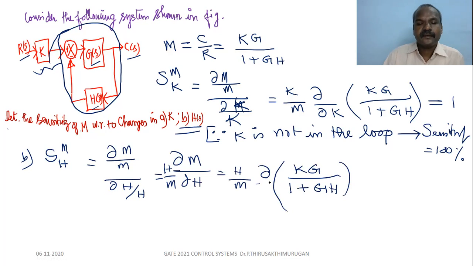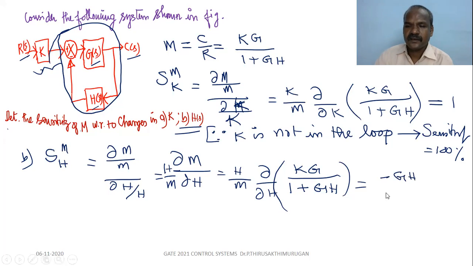If you differentiate this, you will be getting minus GH divided by 1 plus GH. Clear? The same value you will be getting.